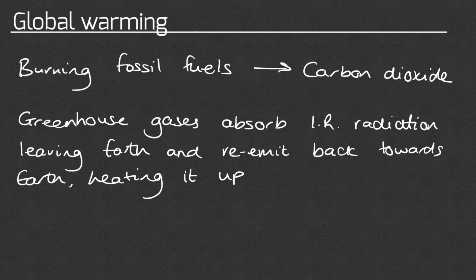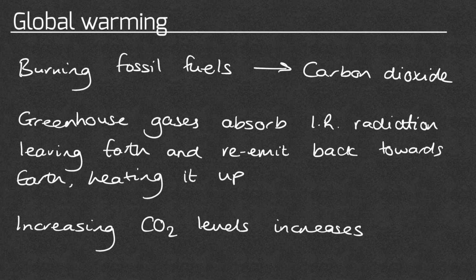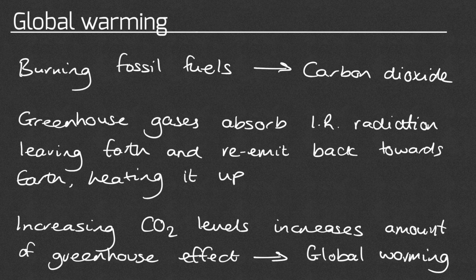This is a natural process which enables the planet to have a habitable temperature. The problem is where too much of this process happens and causes the temperature to rise too much. Increasing levels of carbon dioxide increase the amount of the greenhouse effect which is happening, and this is what we refer to as global warming.